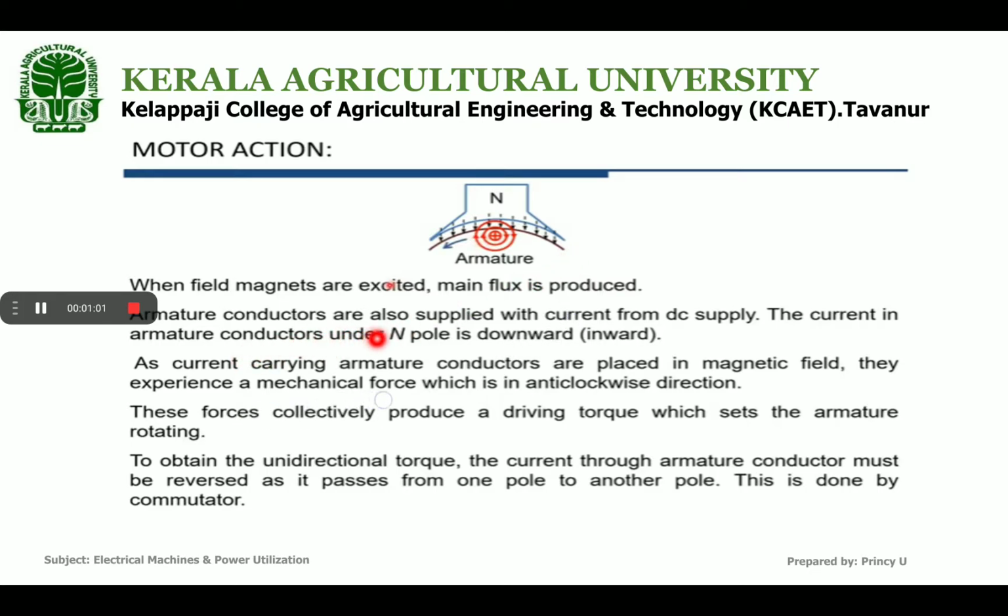And armature conductors are also supplied with current from a DC supply. In a DC machine, when input is given as electrical energy, that is a DC motor, the armature winding is also supplied by a DC supply. So we are assuming that under the north pole the armature winding carries current in the inward direction.